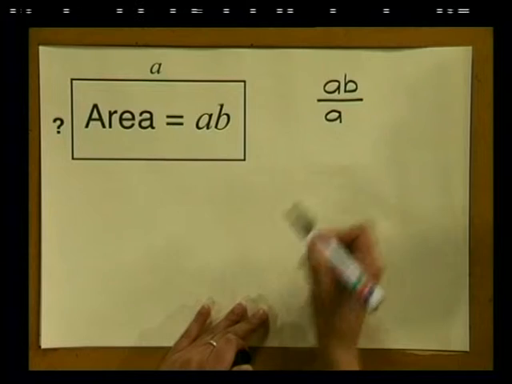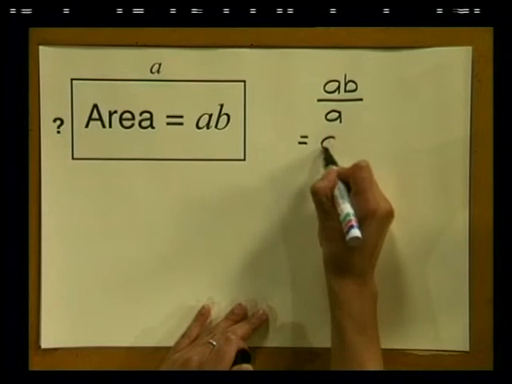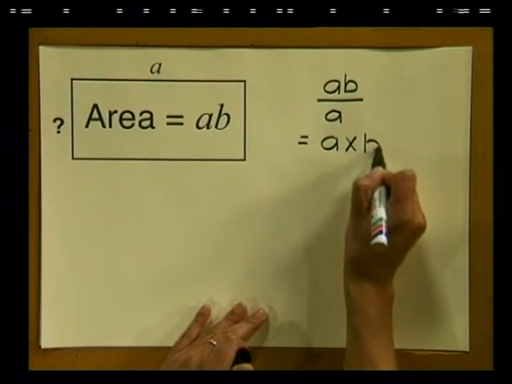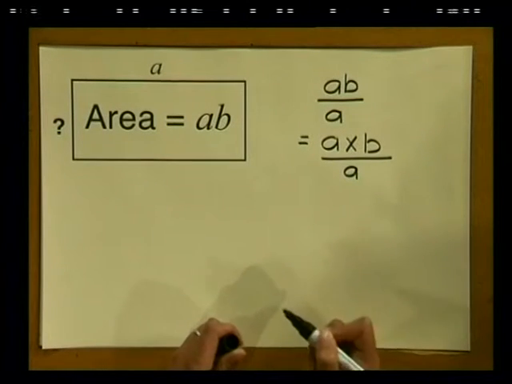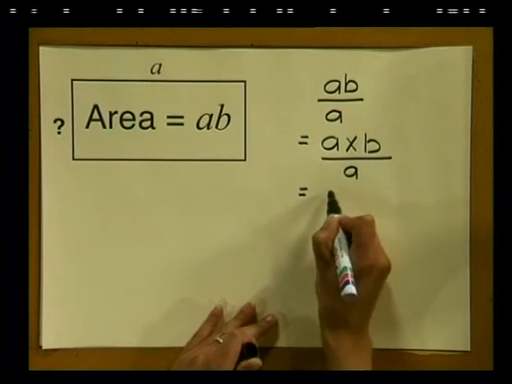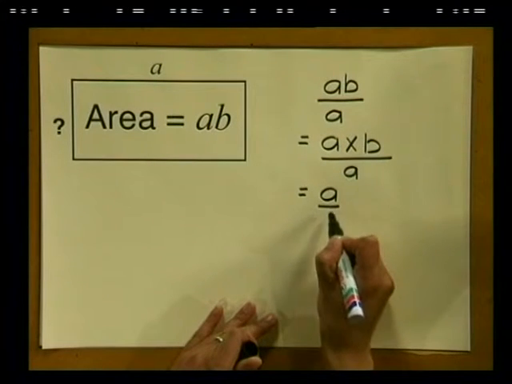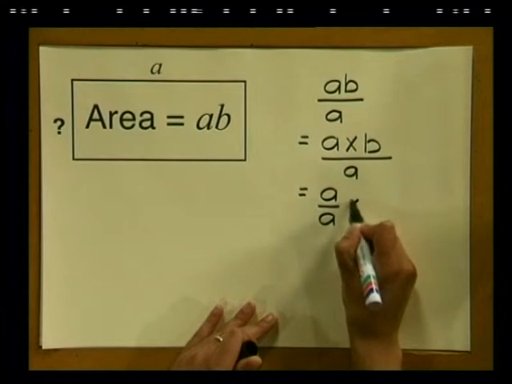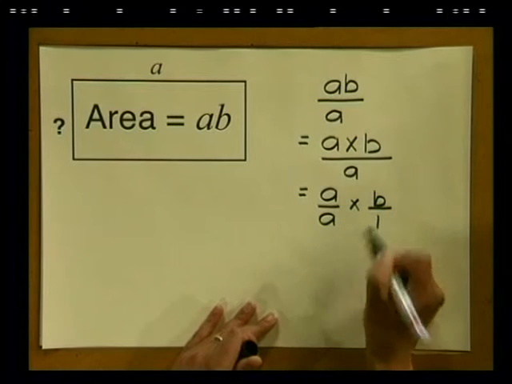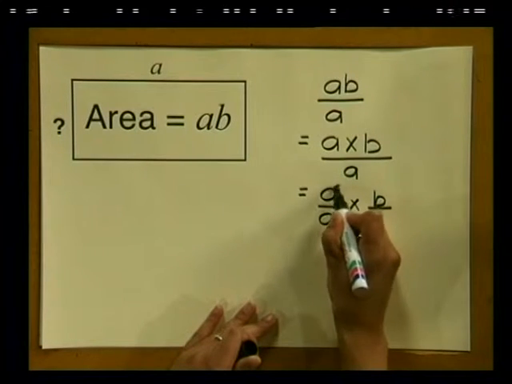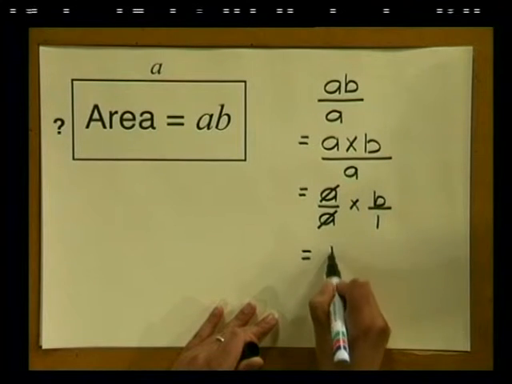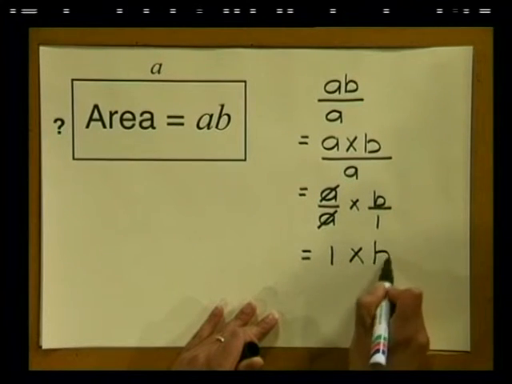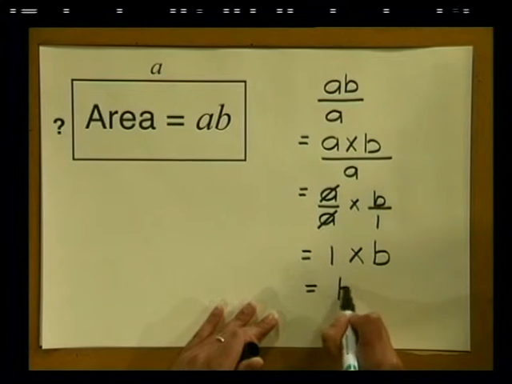They are A and B. So we can write that as A times B divided by A. Now, if we think about it, another way of writing it is A divided by A times B divided by 1. And we should be able to see that the A's would cancel out, and we are going to be left with a 1 times B, which gives us B.